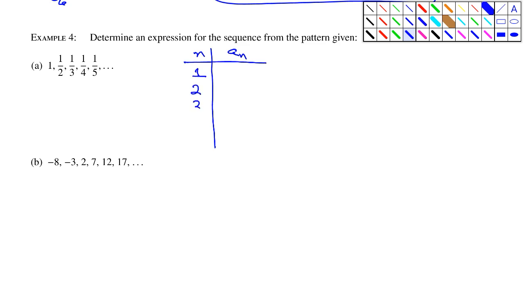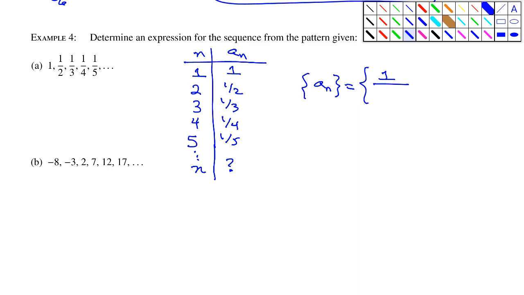The n's are going to be 1, 2, 3, 4, and 5, and the sequence terms are going to be 1, 1/2, 1/3, 1/4, 1/5, and you need to come up with the expression for n that would match this. So I think this one is sort of straightforward. We say that a sub n, the sequence, is equal to 1 over n, because you're just taking the reciprocal of the index number on the left. So that would be 1 over n.